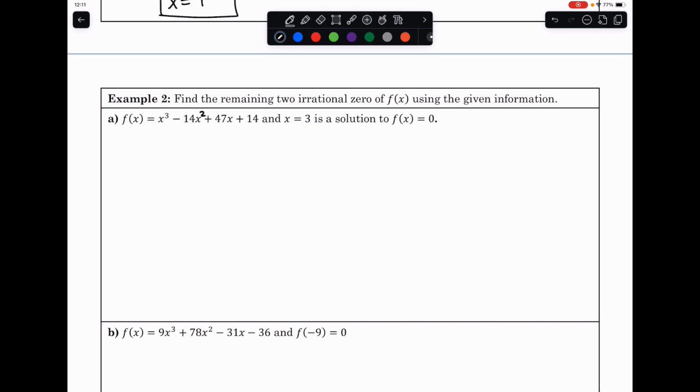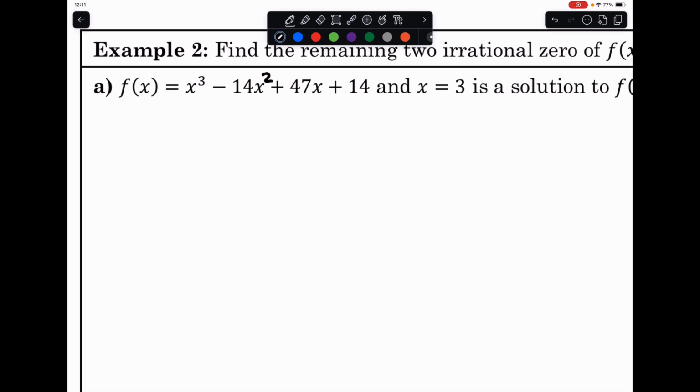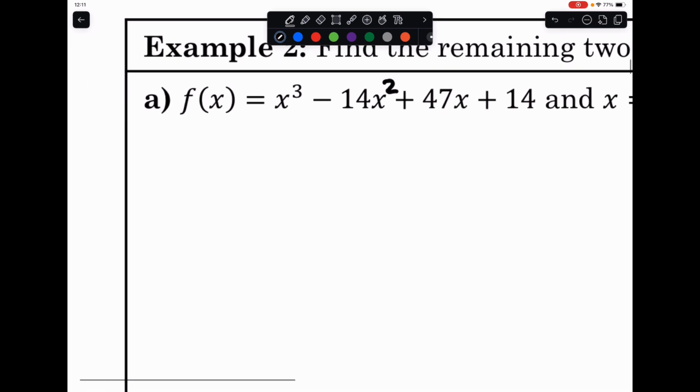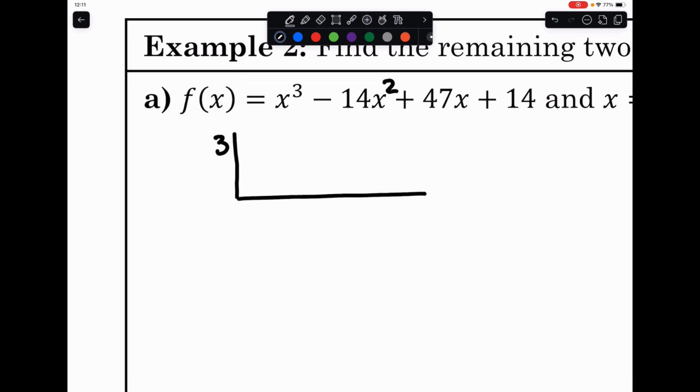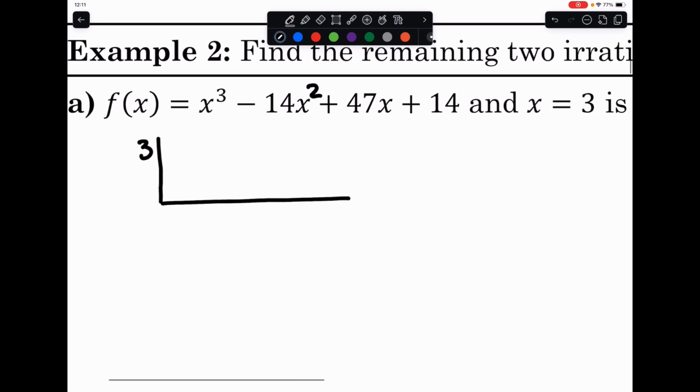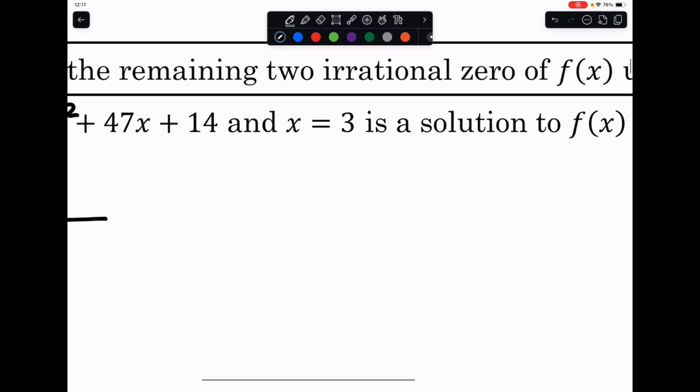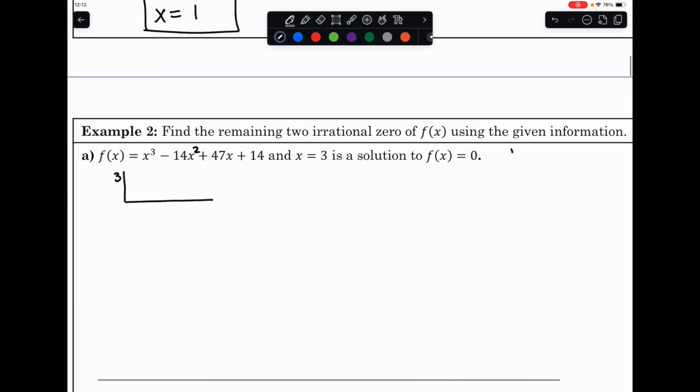Now to find the other two solutions, we're going to set up the same way. We're going to use synthetic division to get the quotient to this polynomial when we divide it by x minus 3. So since x is equal to 3, that's the value of x that makes this equal to 0. So that's the number that goes outside here in this division problem.